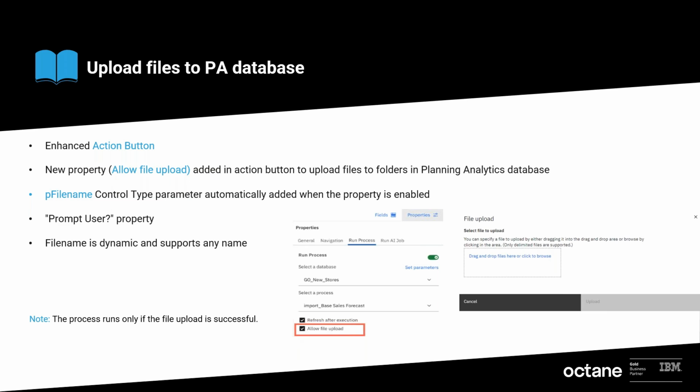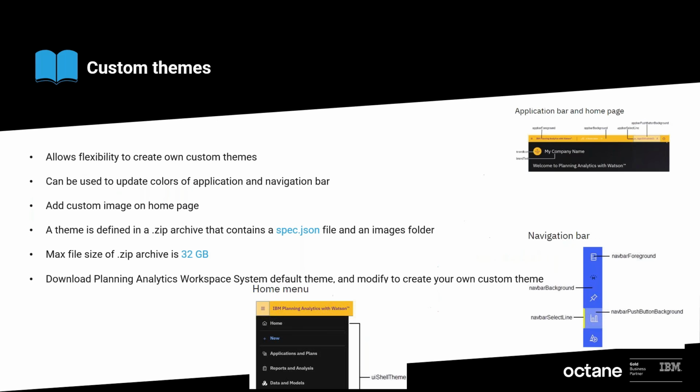So if your file size is big, then yeah, it may take time for that to happen, because it needs to first upload the file to the database, and then you may be able to run the process. So this way, the users do not have to save the file in the shared location anymore, and just upload it from their local desktop and simply load the data. So that's pretty handy functionality as well that they have added, and I particularly like it.